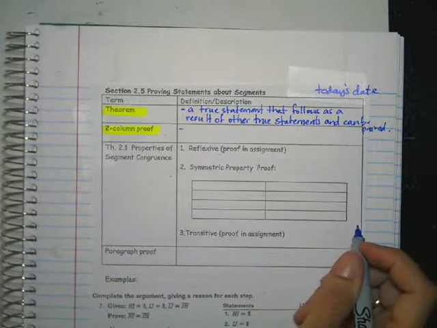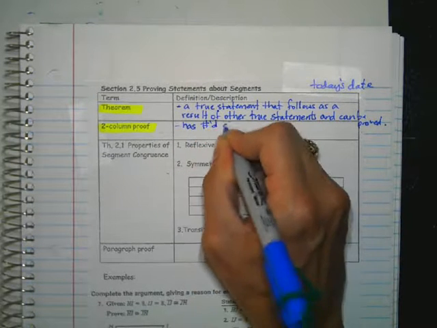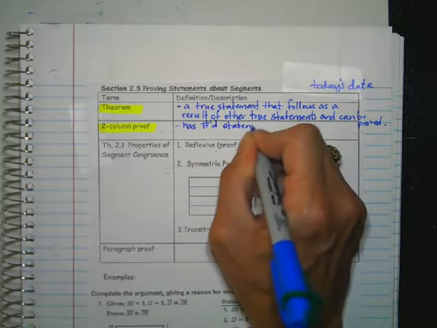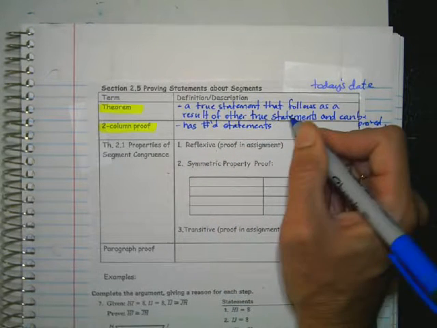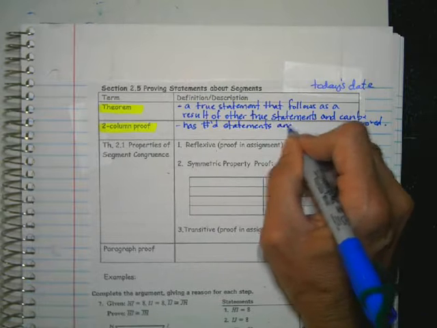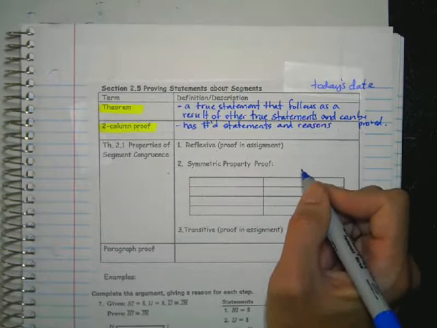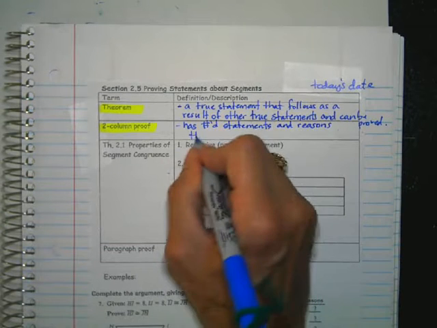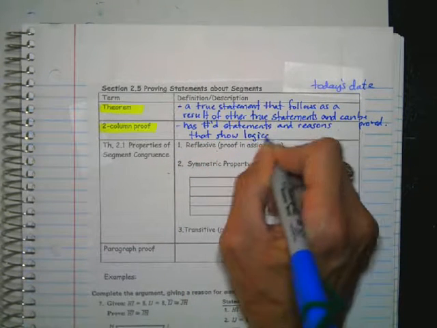A two-column proof has numbered statements, so numbered meaning 1, 2, 3, 4, and reasons that show logical order of an argument.